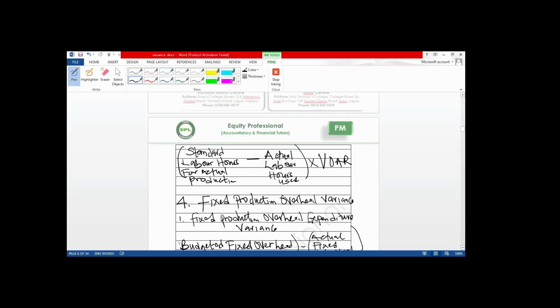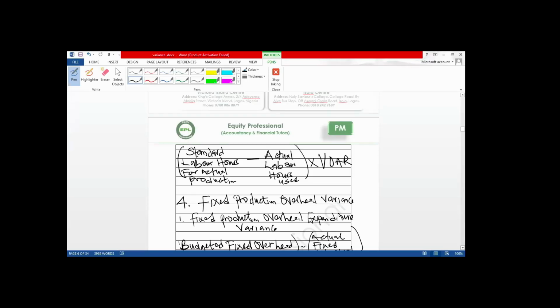We can also divide this into two. The fixed production overhead variance can be subdivided into two.